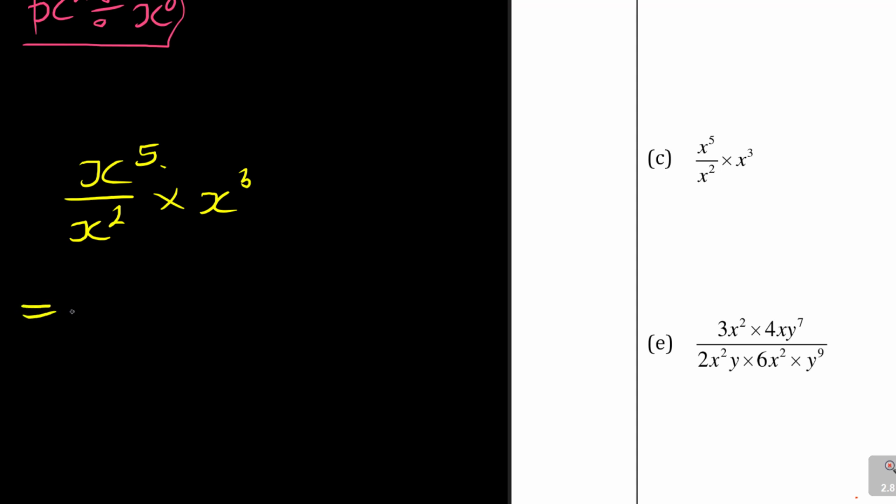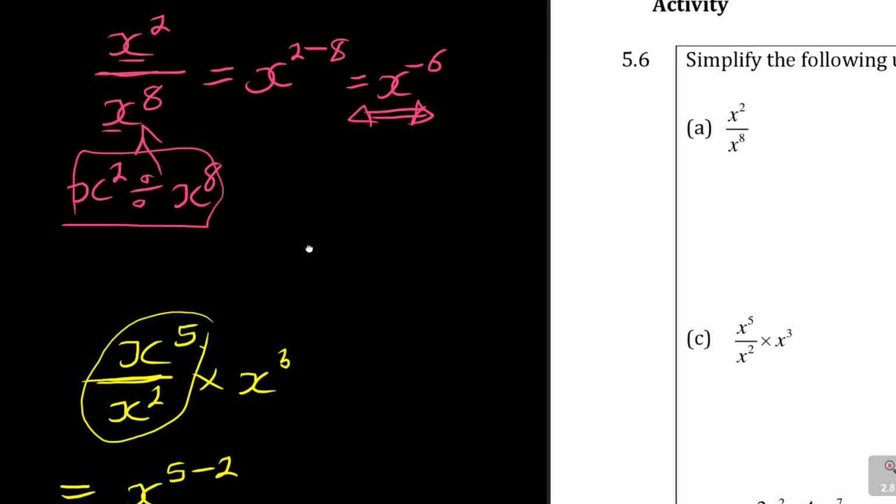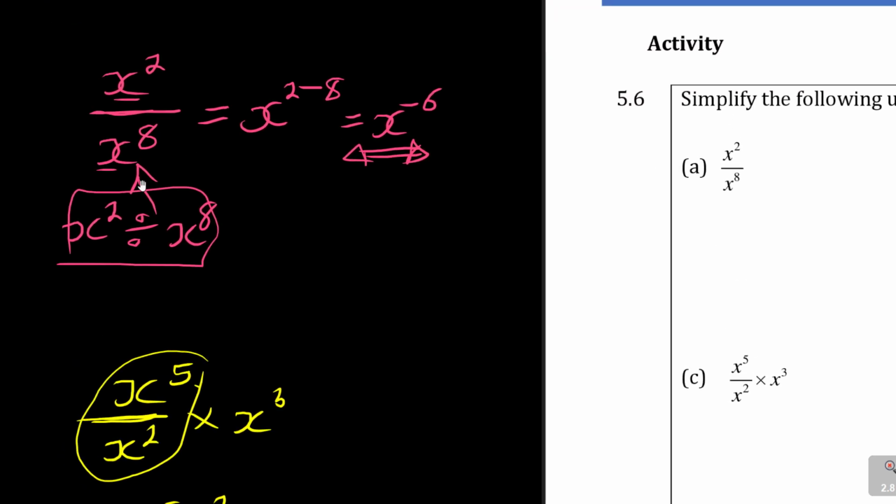What do you do? Apply the law there, which is what? Division. See the division? It's x to the power 5 minus 2. Do you see the law there? That's what I've just used, is the law. Same thing we did here, x squared over 8, we subtracted there. This is similar to that, see that?